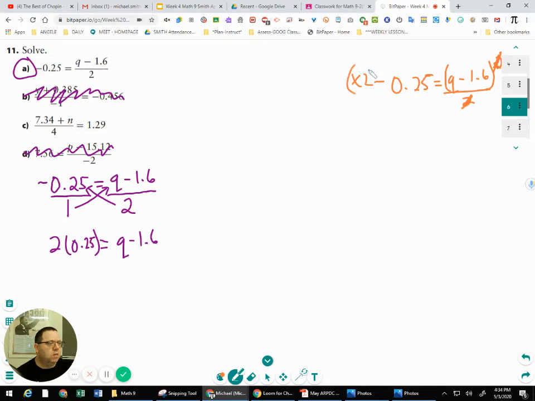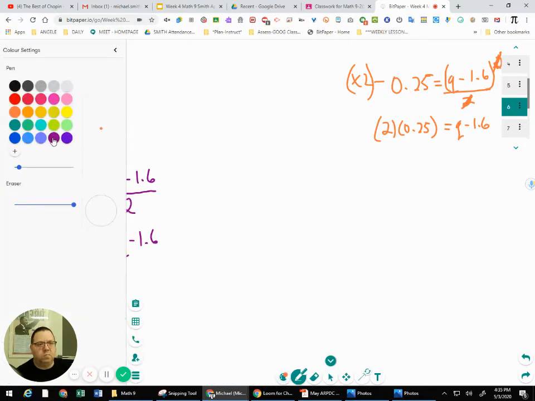Then you multiply this side by 2, and you end up with the same result. It's the old, whatever you do to one side, you do to the other. This expression was being divided by 2, so I multiplied it by 2 on top, the numerator, and the 2's cancel. But some of you may prefer to just stick with cross multiplying. It really doesn't matter.